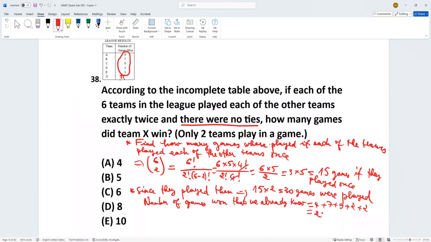This gives us 24. But they played 30 games. We already know that 24 games were won by these 5 teams, so the remaining 6 games.